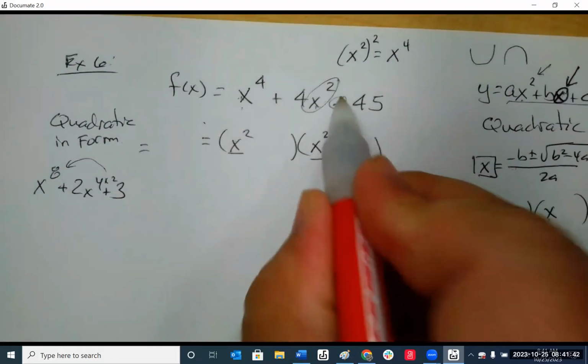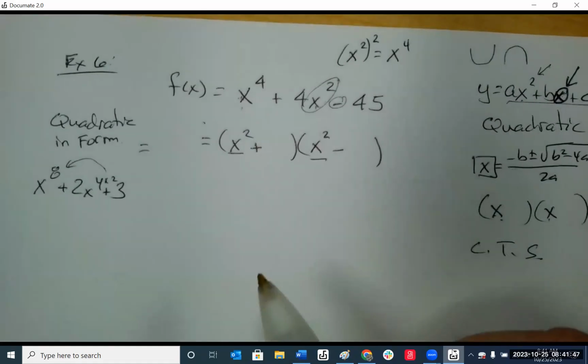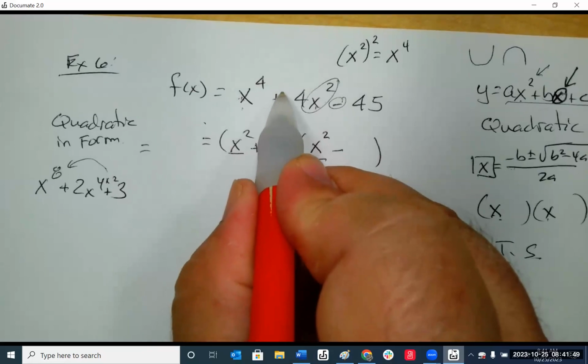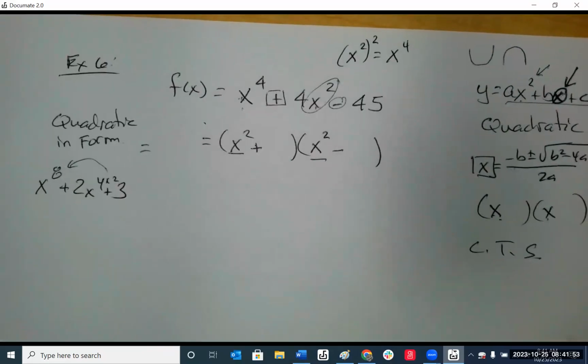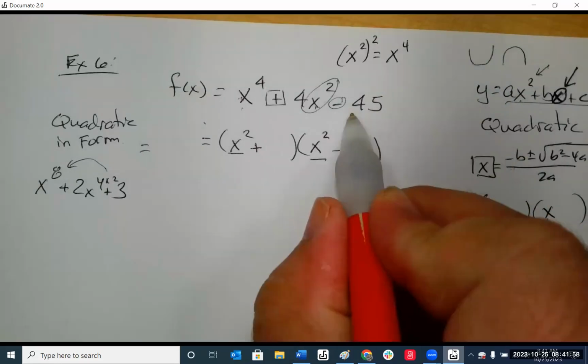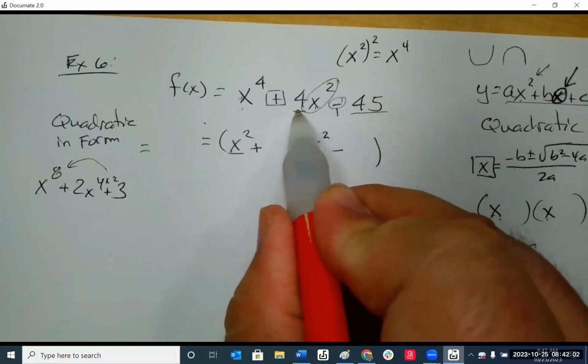The second sign is minus, which means both signs are opposite. And the bigger number gets the plus sign. So what times what is 45? When you subtract them, you get 4.